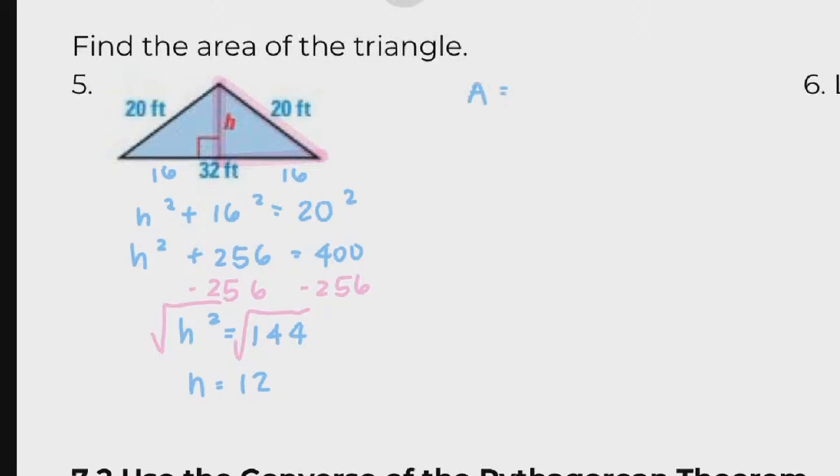Now to find the area, that's going to be 1/2 base times height. Our base is the entire bottom, which is 32, and our height that we just found is 12. So once you multiply that out, you'll get 192 feet squared.